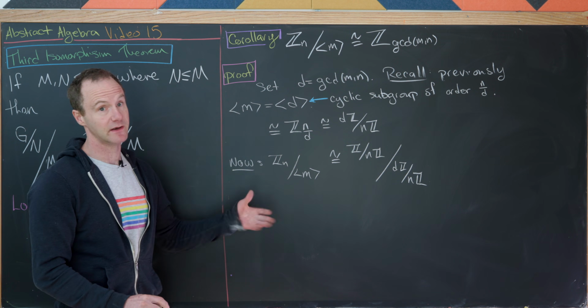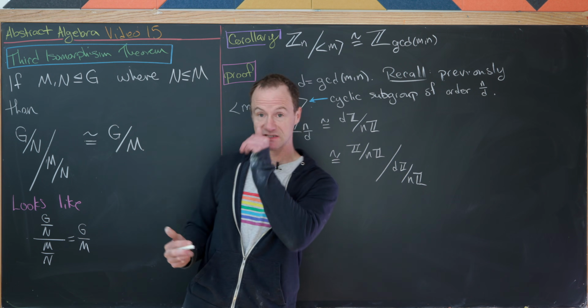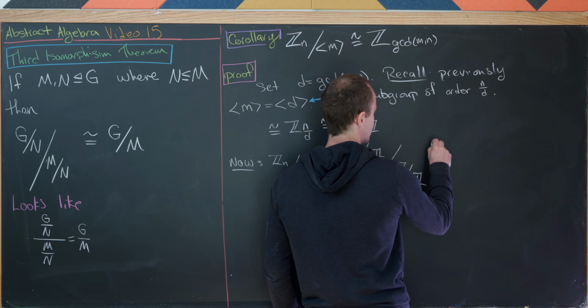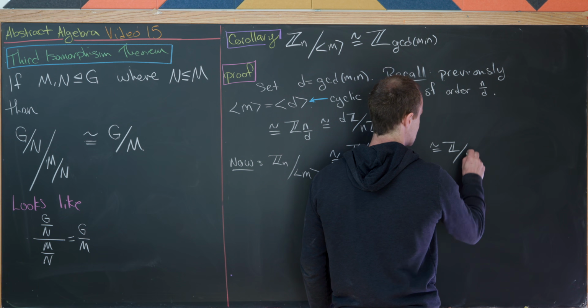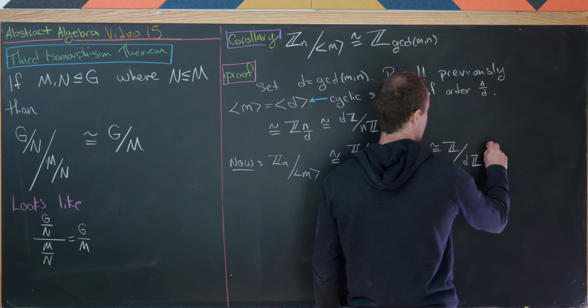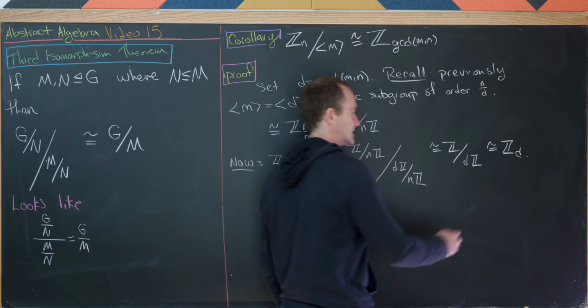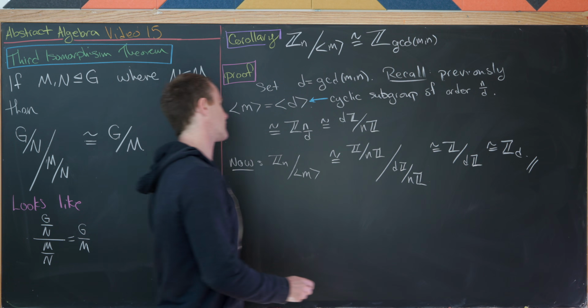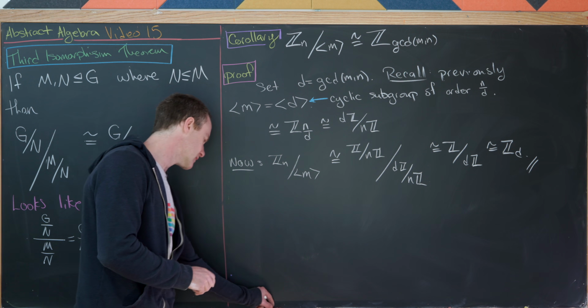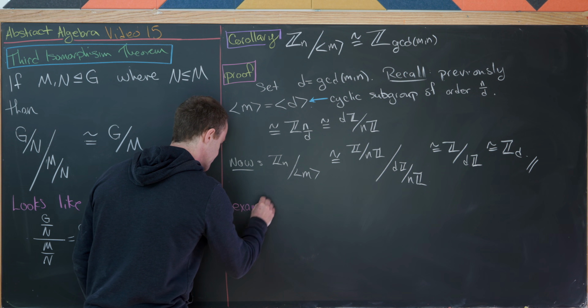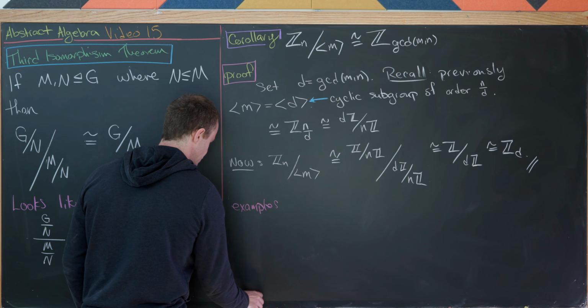Great. But now we can apply this isomorphism theorem to simplify the fraction, if you will. And if we simplify this fraction, we get Z mod dZ, which is in fact isomorphic to Zd as necessary. And that's really all there is to it. So now that we have this, let's do some quick examples of this in action.